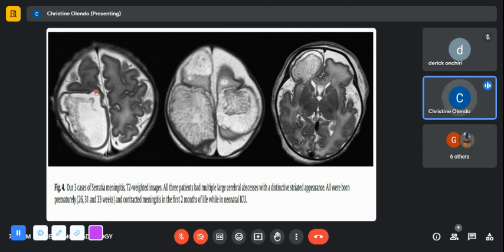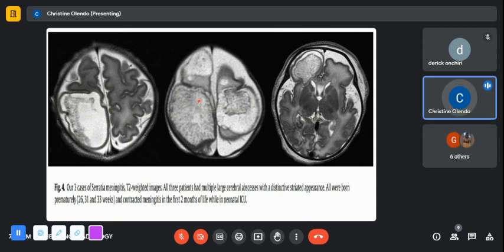We're seeing a hyperintense area surrounded by a hypointense rim. That is the capsule region, which is hypointense because it is organizing.